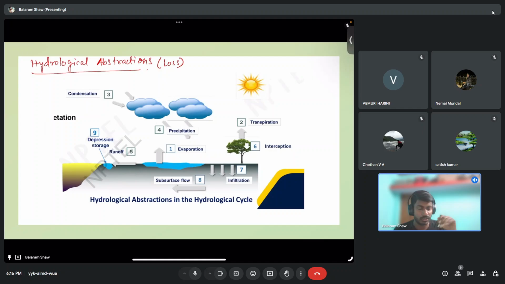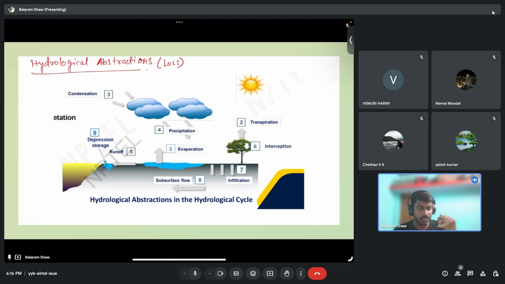Okay, so the first one, let's say, is interception. Interception is one of the hydrological abstractions. Interception happens when water is going away from the vegetation above the ground.